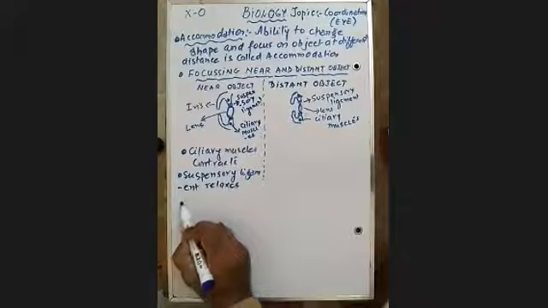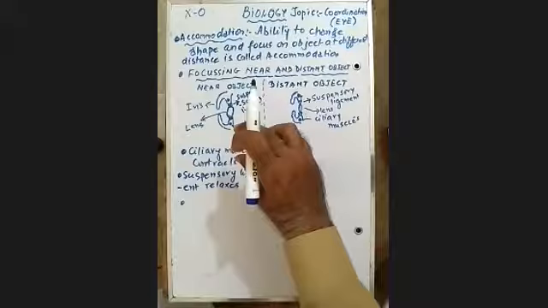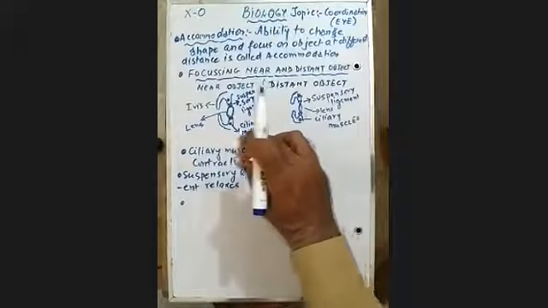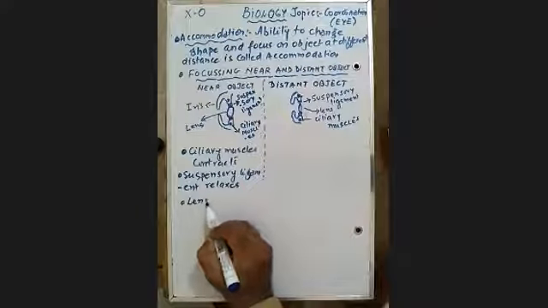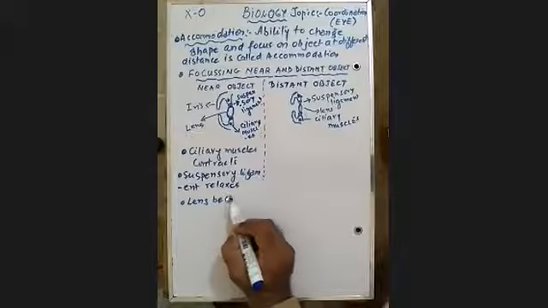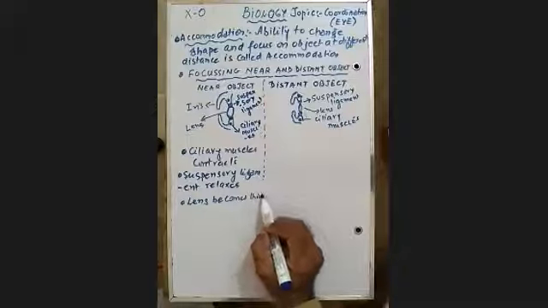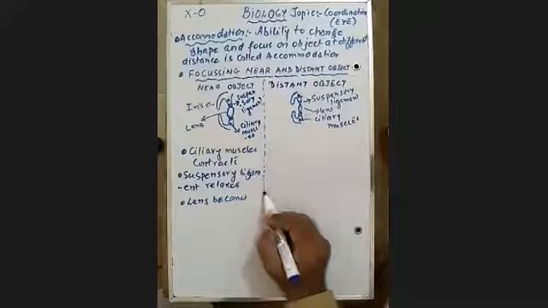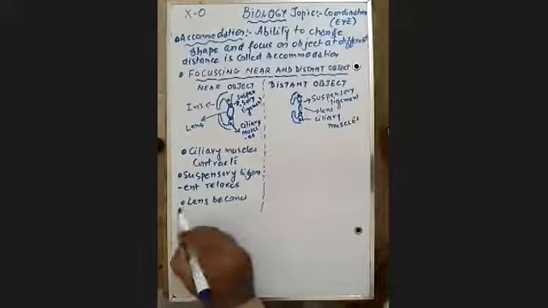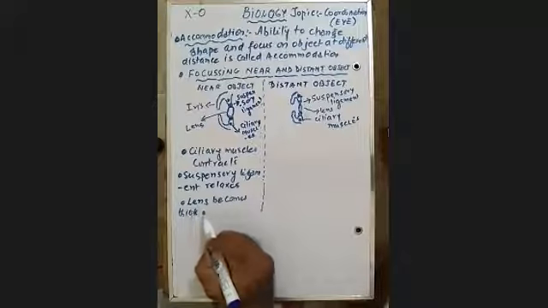The third point is the lens becomes thick. Naturally, when the suspensory ligament relaxes, the lens becomes thick and more convex.